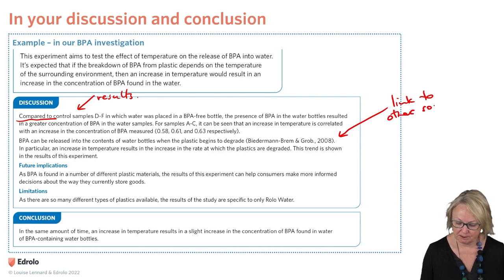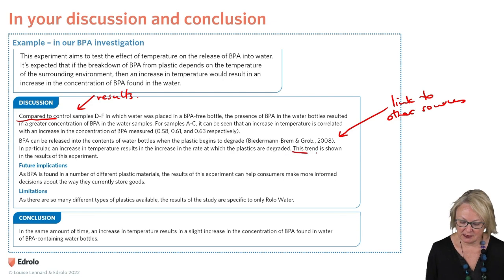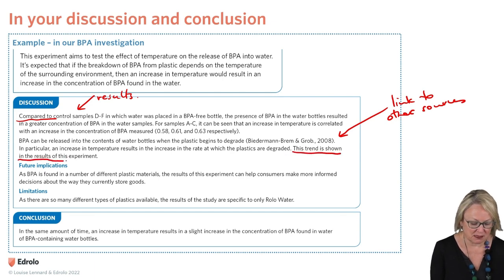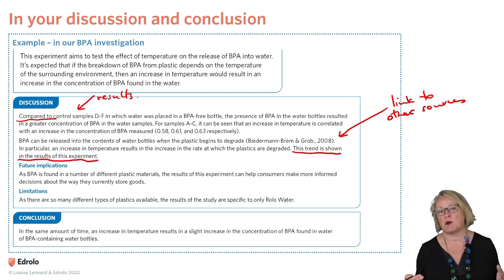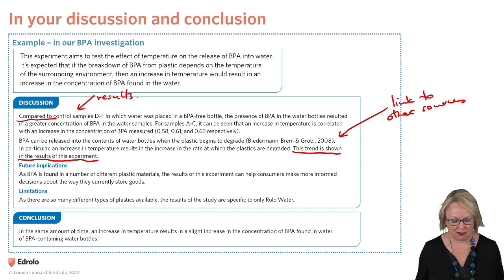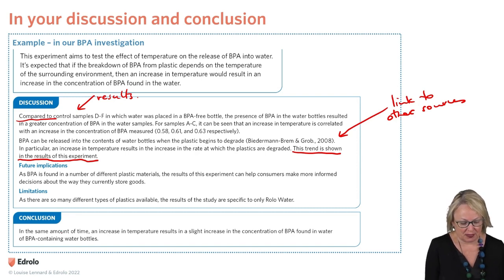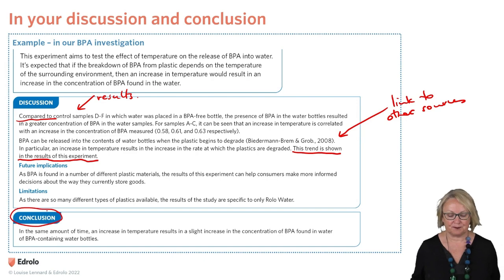A trend is shown in the results of the experiment. In other words, the trend that was found in the experiment matches what's been published in the literature. Then it talks about the implications, limitations, and a summary conclusion.